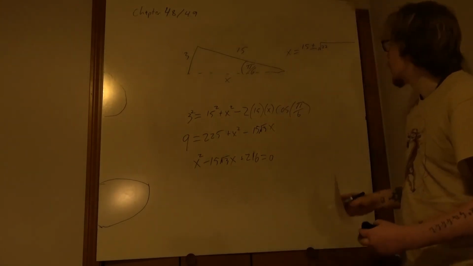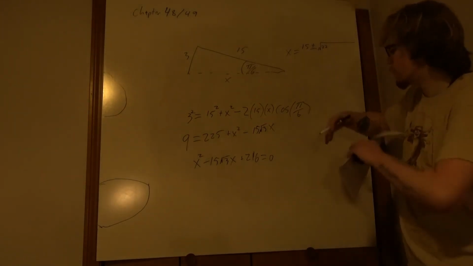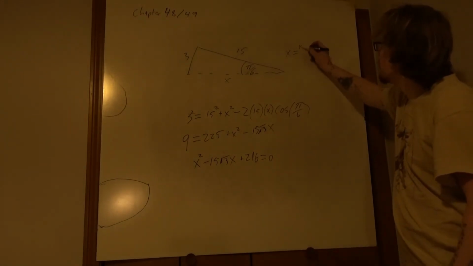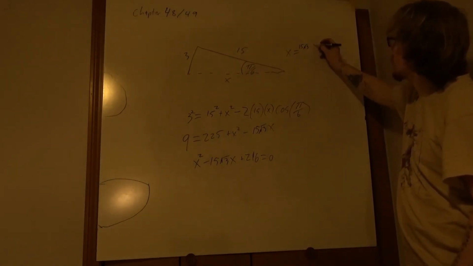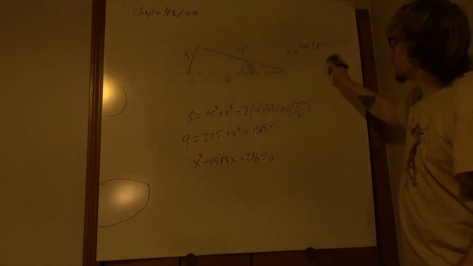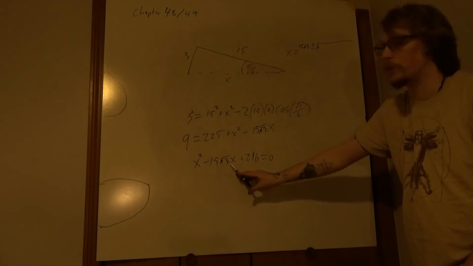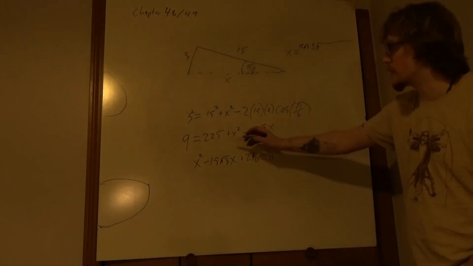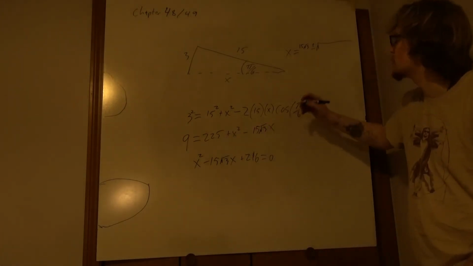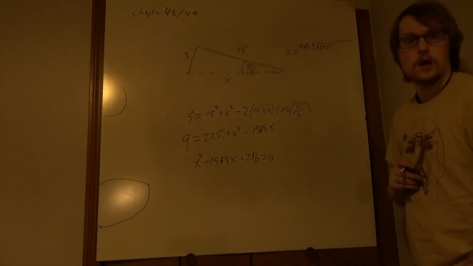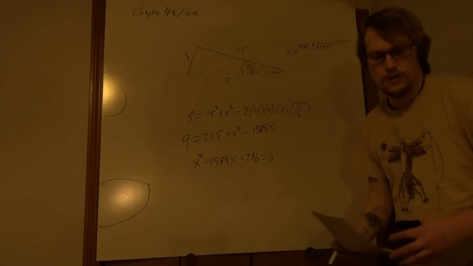All right, so it changes almost nothing, but it changes a ton of things. So when we do negative b, it's now not just 15, it's 15 times root 3, plus or minus the square root, and now when we do b squared, it's going to be negative 15 root 3 squared, which is the same as 225 times 3, or 675. Obviously, I didn't do that in my head, I just have done this before.